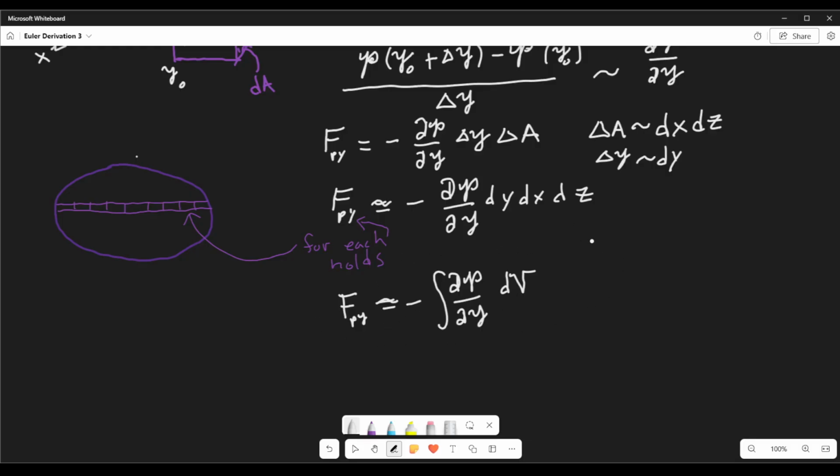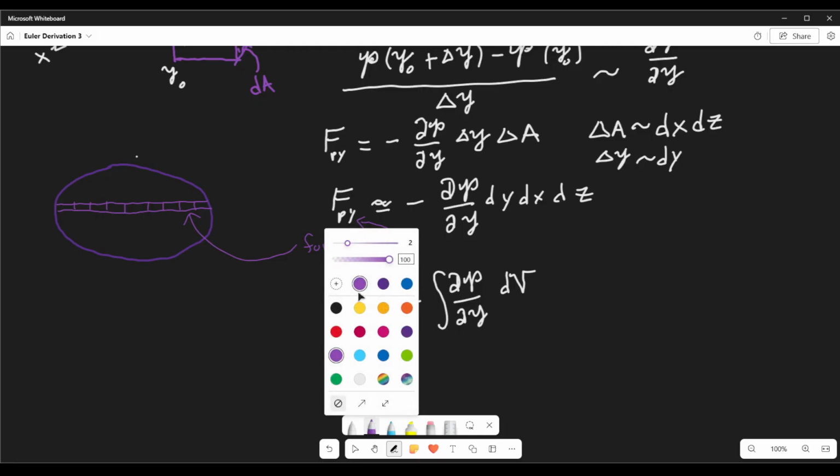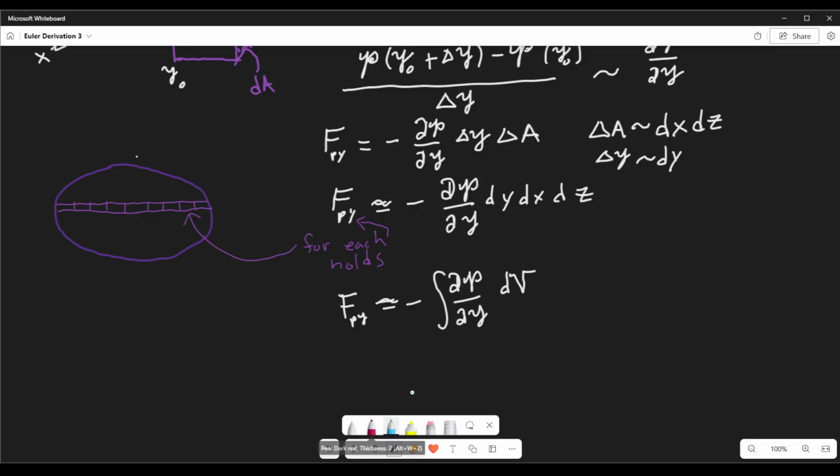So there's also of course equivalent integrals. There are also other integrals that basically look the same, but they're for the other components.